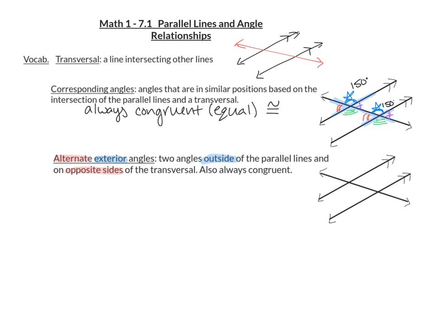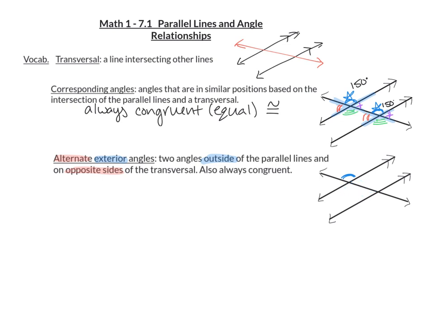So I'll show you on the parallel lines and transversals that I've copied for this one what alternate exterior angles are. If we start with blue, this angle up here, notice that is outside of the parallel lines. Just to show you, inside would be in here, right? So these are on the outside.